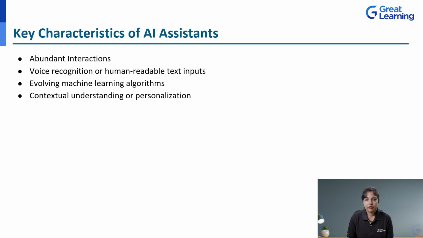The last characteristic, and one of the most important ones, is contextual understanding or personalization. If you are interacting with ChatGPT and you have started the conversation under a certain topic, even if you don't mention that topic later on, ChatGPT will understand that you are talking about this topic or domain.